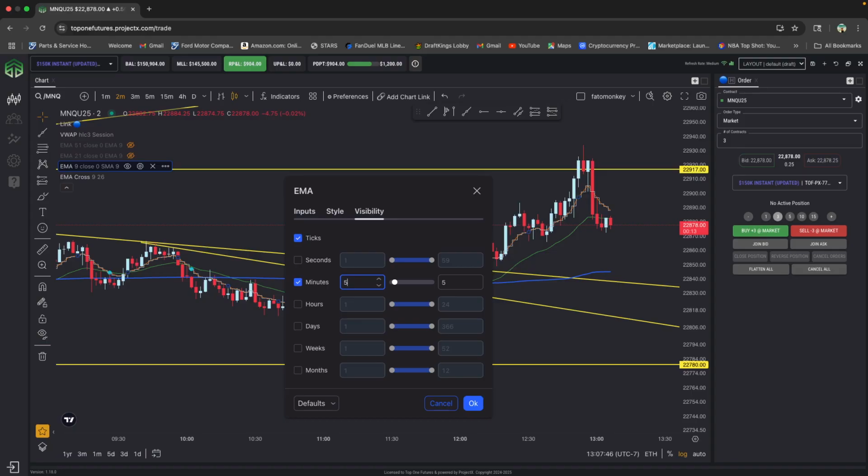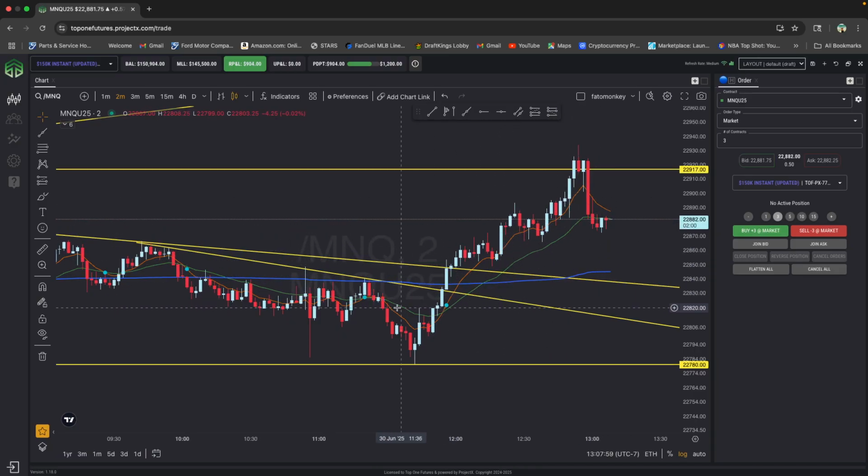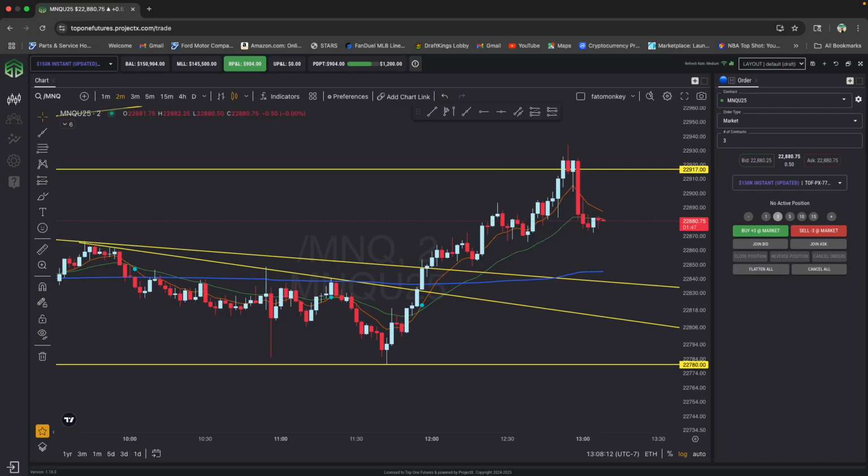It should be on the 5 minute and 15 minute only. That's the only time I want to see it. There we go. So here you see the EMA, the 9 and 21 EMA. A cross will give you a print. See that print? The circle, the circle. EMA cross bullish, EMA cross bearish, right? That's it for this indicator.